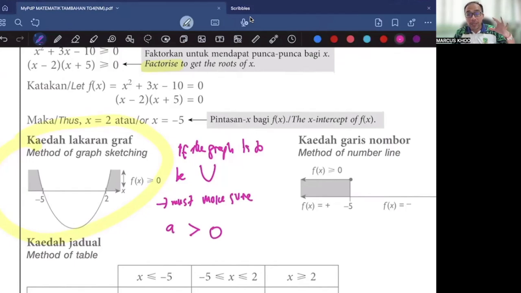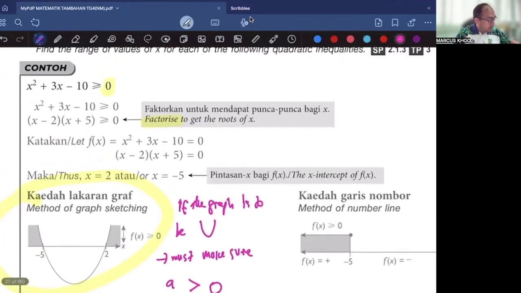The a is a positive number, like in this case our a is positive 1. As long as the number in front here is a positive number, you can safely use this method.